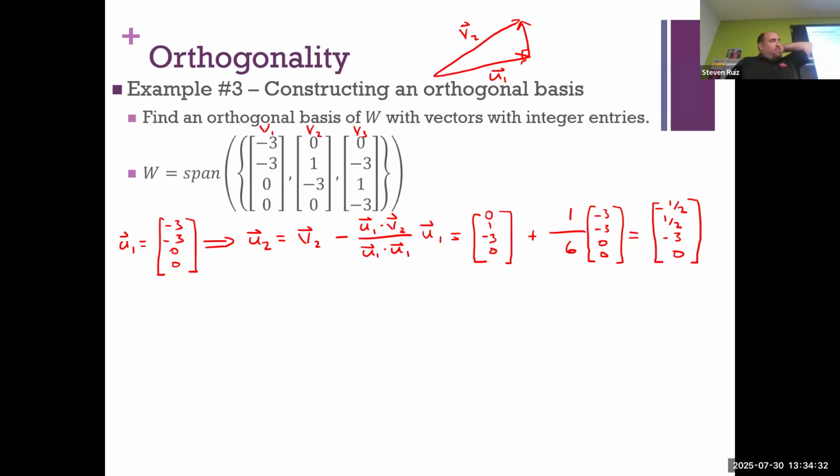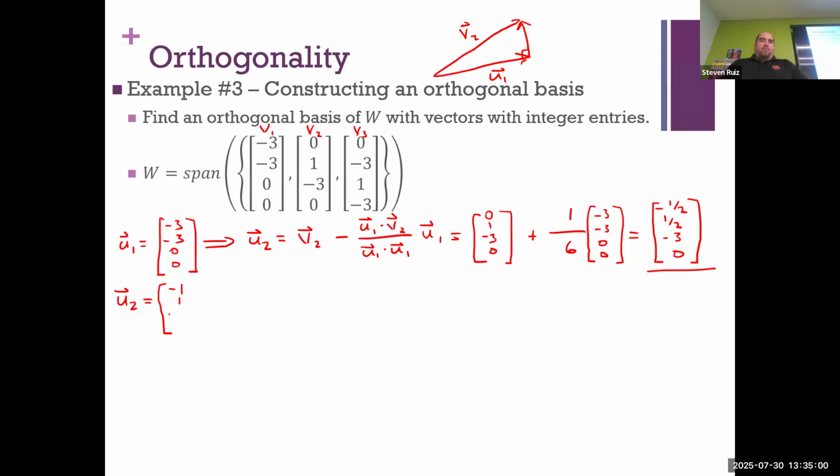So that would be a good vector u2, except for I laid down this new requirement. So I want my vectors only to have integer entries. But I know this is the direction I want. So how could I fulfill that requirement? Multiply everything by 2. If I multiply a vector by a scalar, I preserve the direction.